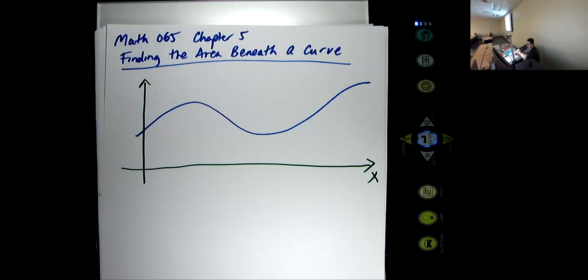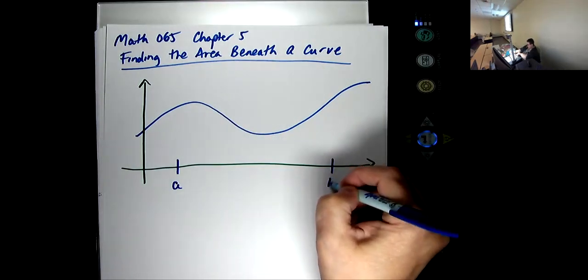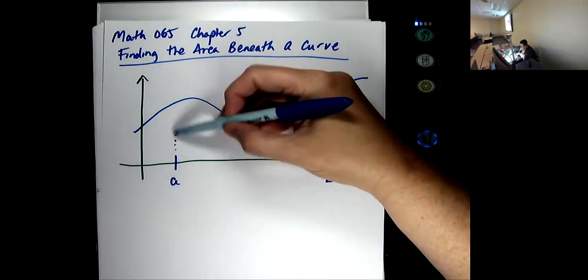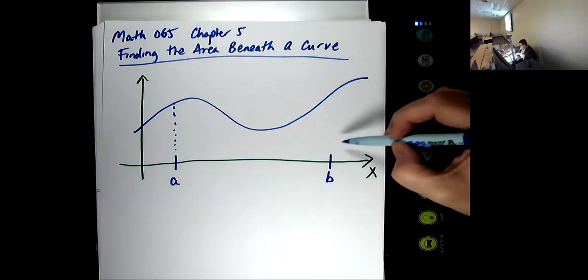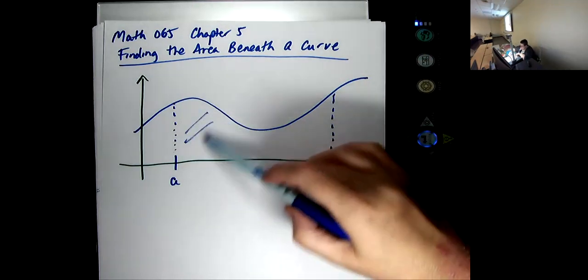And let's say you want to find it from A to B. So we want that region in here.